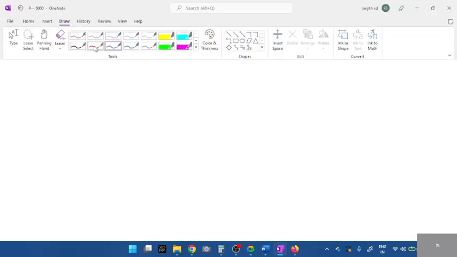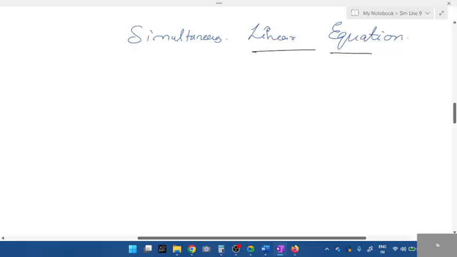See, simultaneous linear equation. The meaning of simultaneous linear equation is, okay. Linear equation. We'll start from the basics.